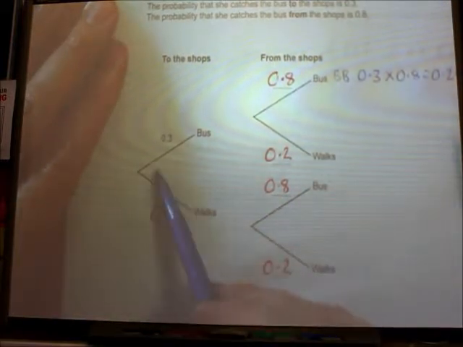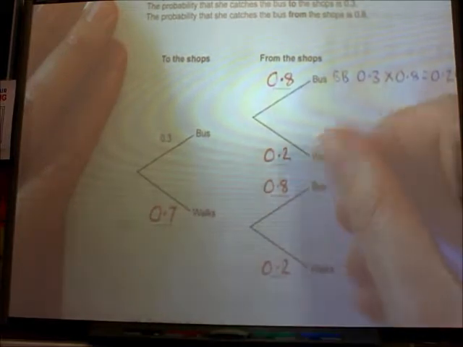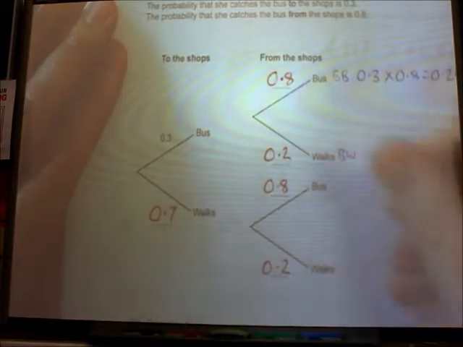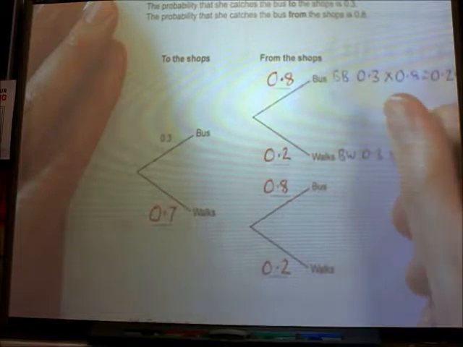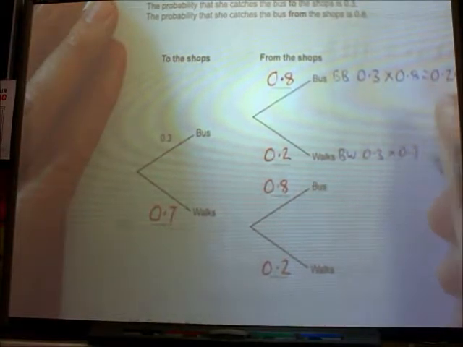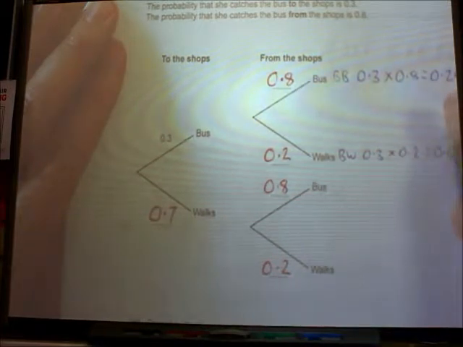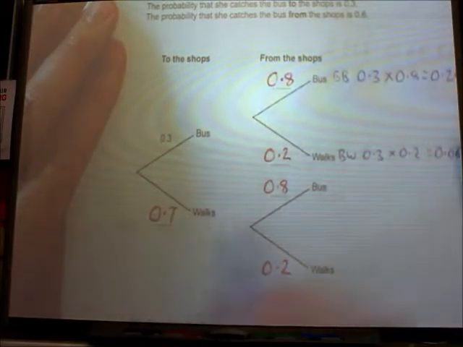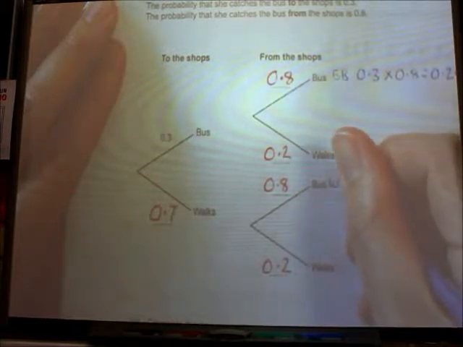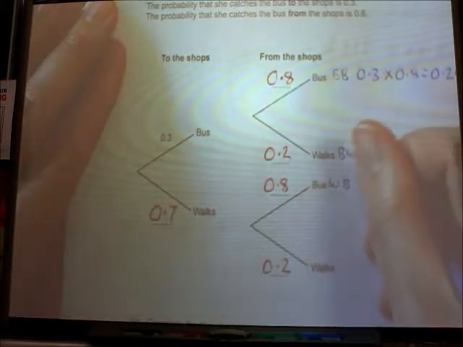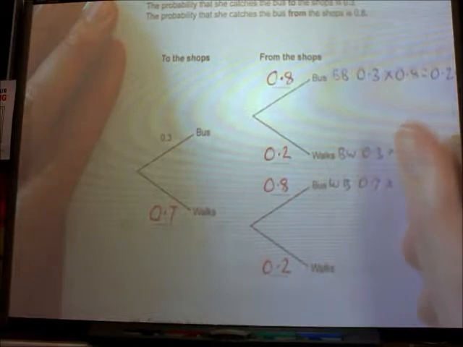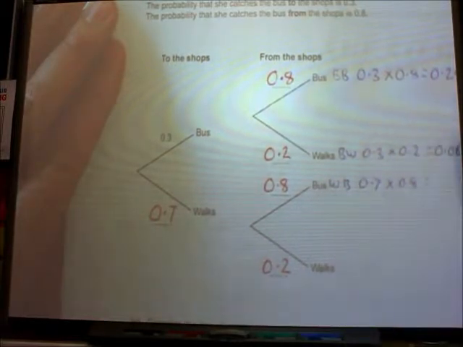The probability she catches the bus then walks, so bus then walk, is 0.3 times 0.2, which would be 0.06, I think. The probability she walks then gets the bus, which is looking the most likely, is 0.7 times 0.8, so 7 times 8 is 56, so that'd be 0.56.